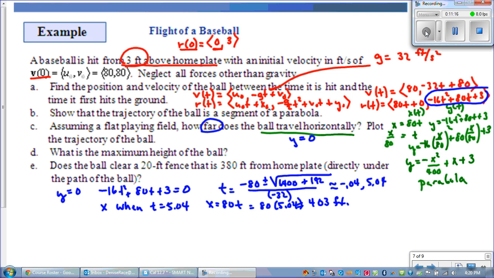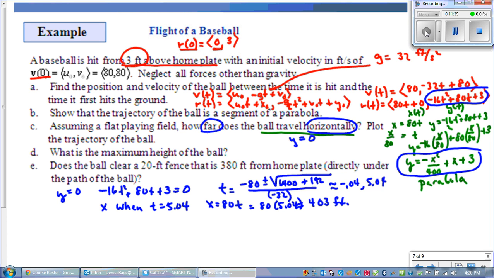So now we have the distance that the ball travels horizontally. So we wanted to find the x value, but we wanted to do it at the point where the y value was 0. Okay, now plotting the trajectory, we can just simply plot this equation, and you can do that using a calculator.